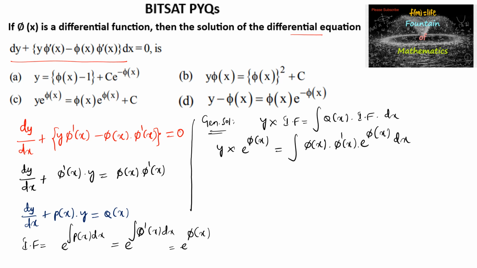And now let us assume that e power pi of x into pi dash of x is the first function and pi of x is the second function. So by using integration by parts, integral fg is equal to f integral g minus integral of f dash into integral of g.